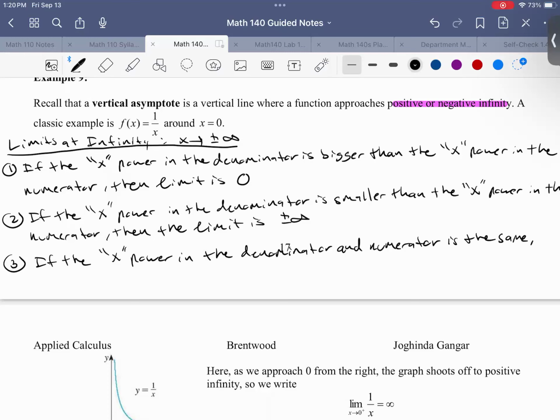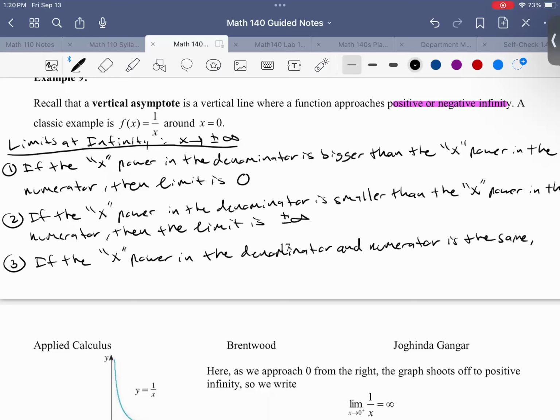And what I mean by that is if you have something like x squared over 2x squared, same power, they're both the second power. So what this means is the limit is going to be the ratio of their coefficients. So the limit would just be 1/2, right? Think about this invisible one right here. But that's what it means, that it's the ratio of their coefficients.